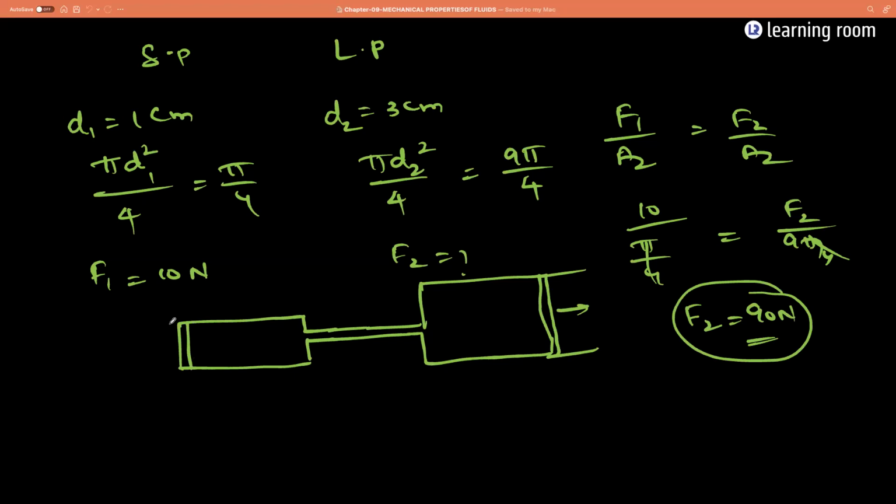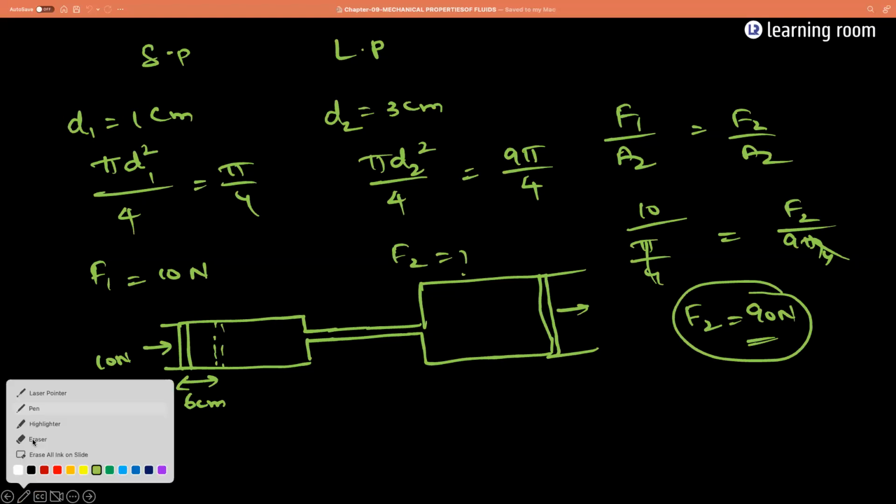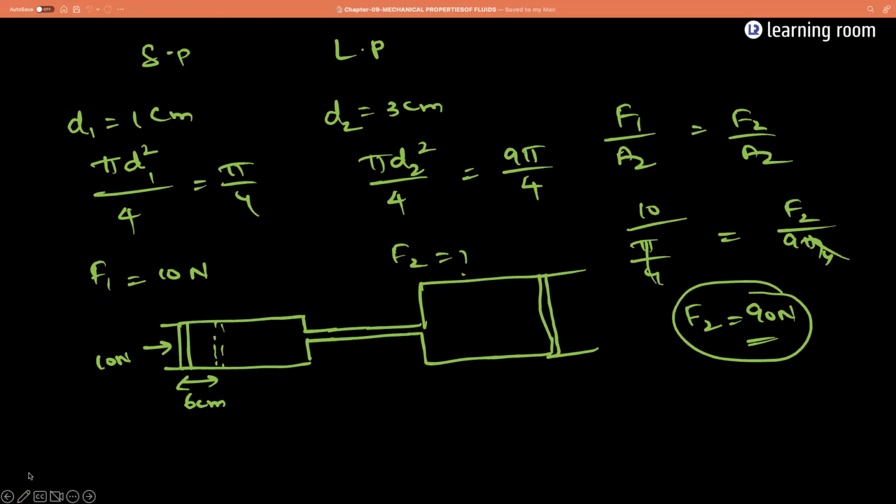When you apply a force here, and the displacement is 6 centimeter, on the other side this piston would have moved a distance of, I don't know how much, let me call it x. Is it clear? So what is the value of x? If you think of the logic, you can do it in one step.